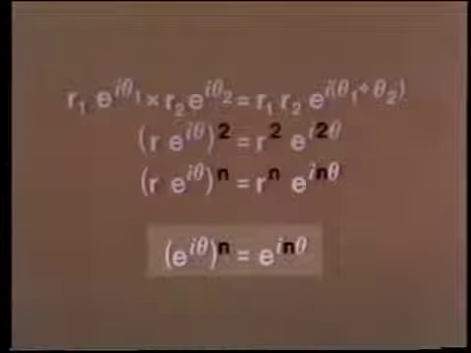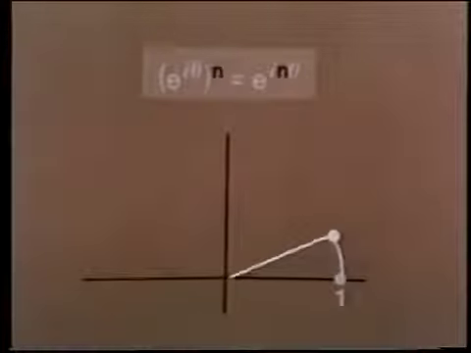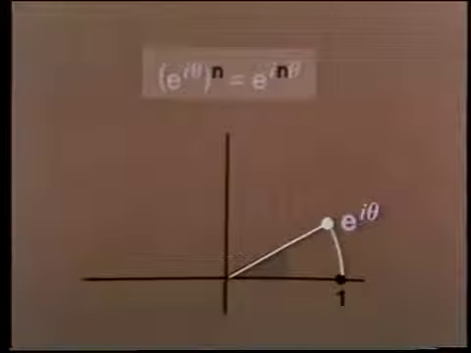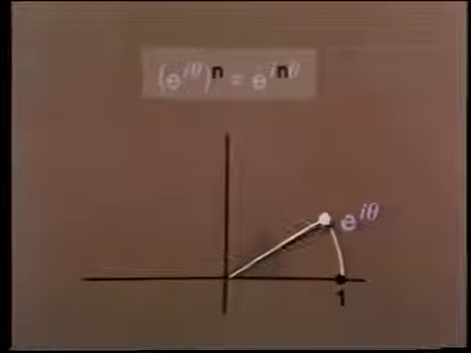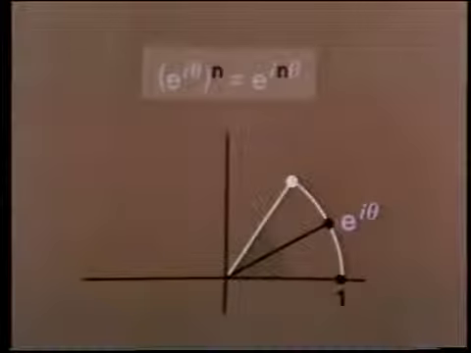As an algebraic formula, this looks obvious. But what does it look like geometrically? We won't worry about r for the moment. We'll just look at powers of e to the i theta. That's e to the i theta at an angle theta. To multiply by another e to the i theta, you rotate through a further angle theta.